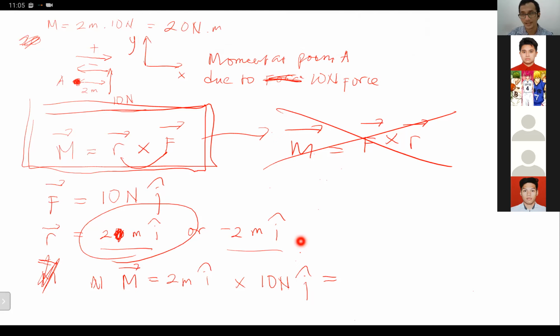If it's dot product, it is a vector multiplying dot with a vector, and the result is a scalar. But in this one the result is a vector, so there must be a direction there. Have you guys learned about cross product? 20k? Yes, correct. But no, I'm asking all of you, have you learned about cross product? Yes, we first learned it in the first week of the first semester.